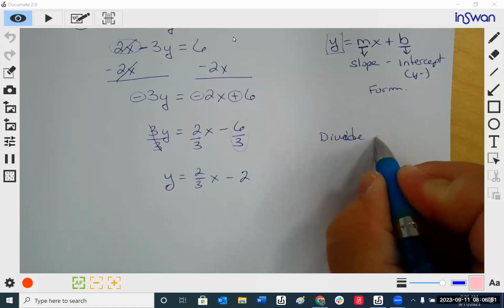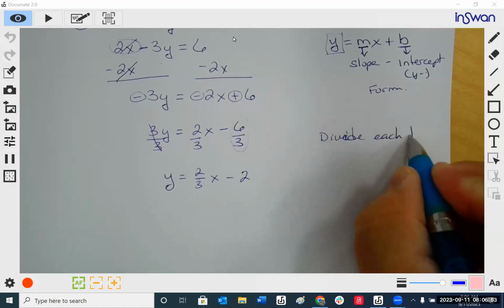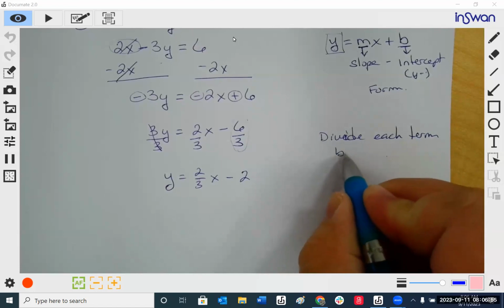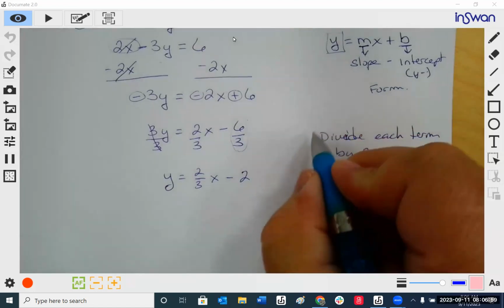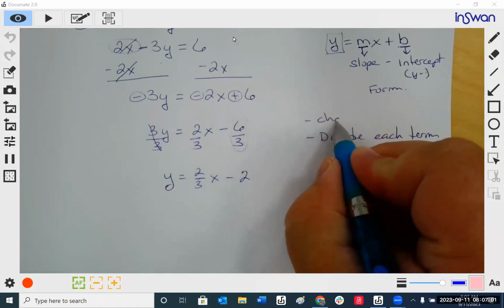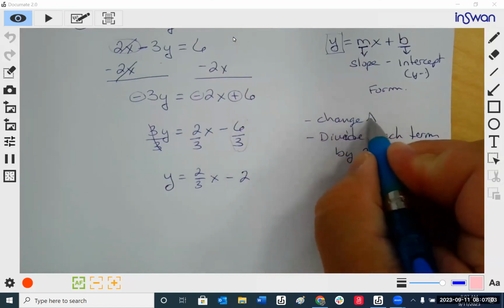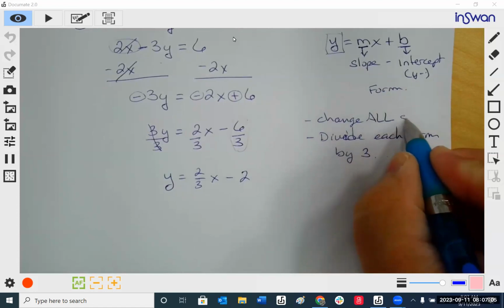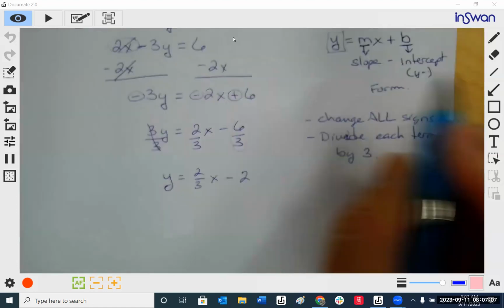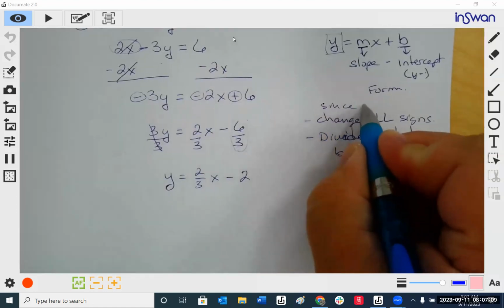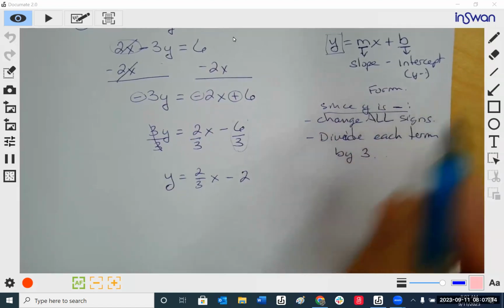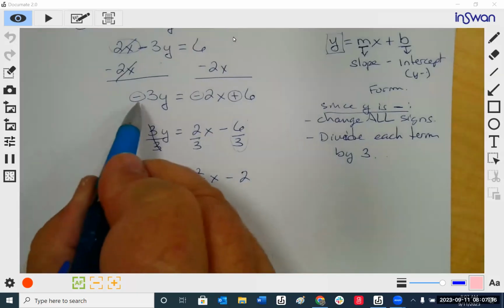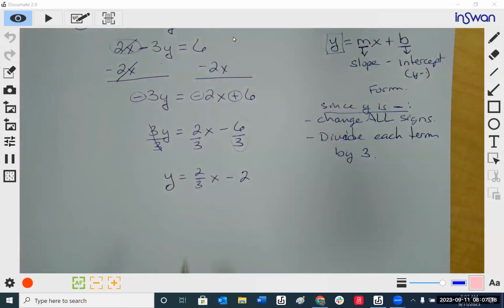Divide each term by 3. And before that, we change all signs, since y is negative. Since there's a negative symbol in front of the y, we do these.